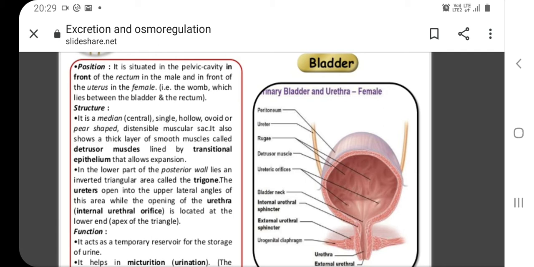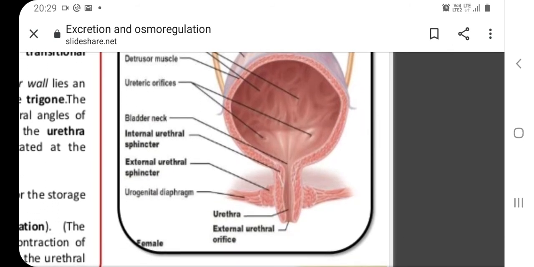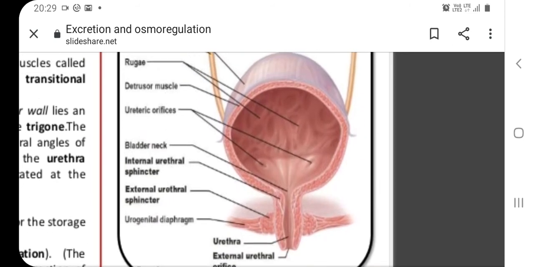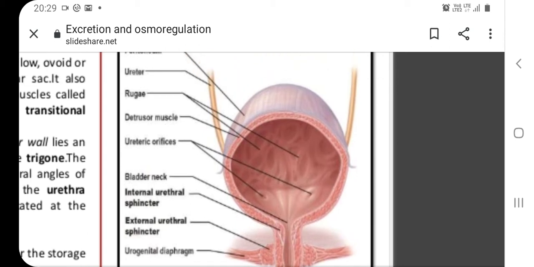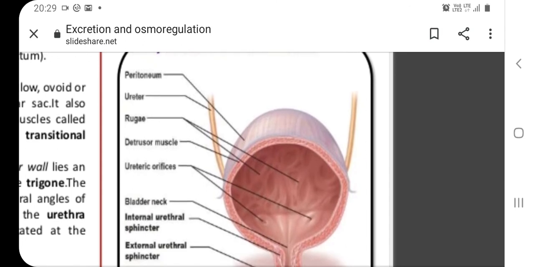In the lower part of the posterior wall lies an inverted triangular area called the trigone. This is the structure of the urinary bladder.